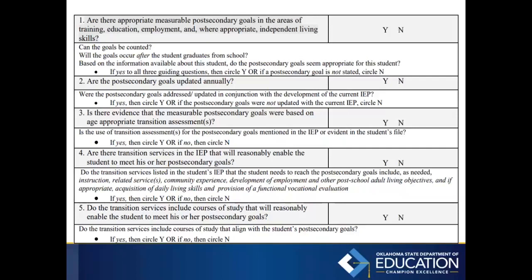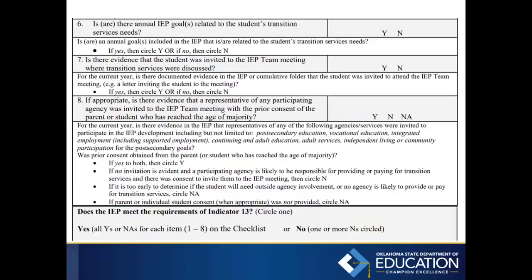Five, do the transition services include courses of study that will reasonably enable the student to meet his or her post-secondary goals? Six, are there annual IEP goals related to the student's transition services needs? Seven, is there evidence that the student was invited to the IEP team meeting where transition services were discussed?